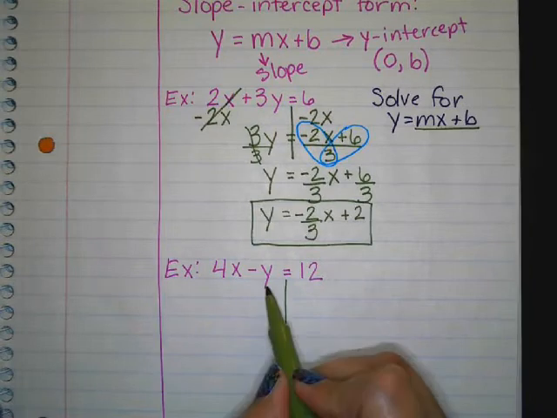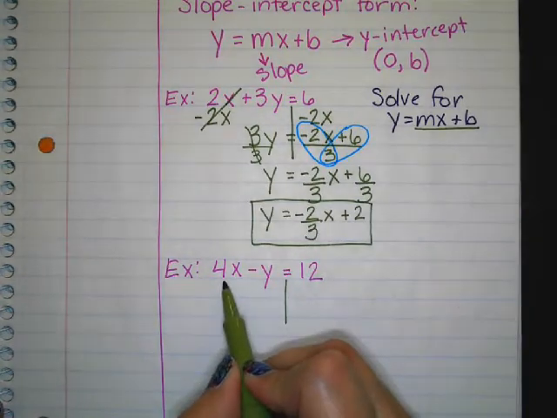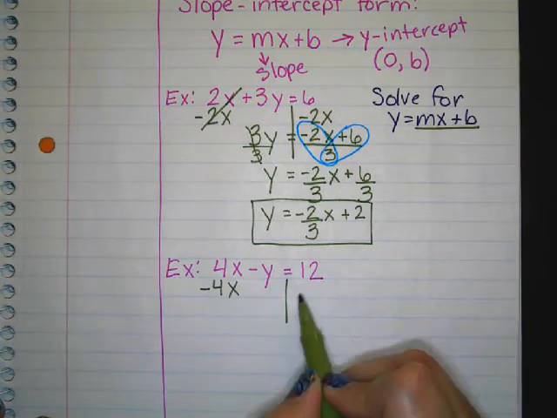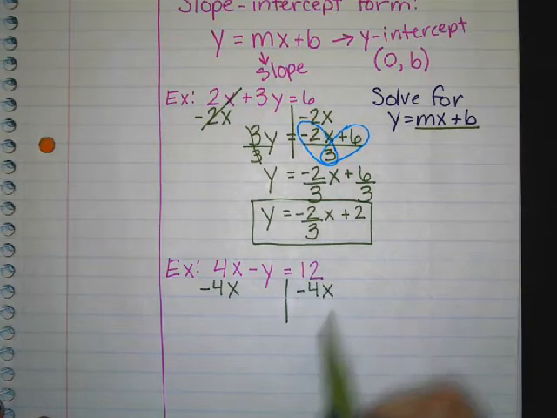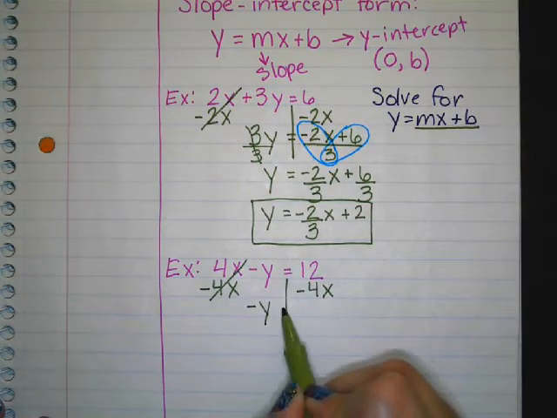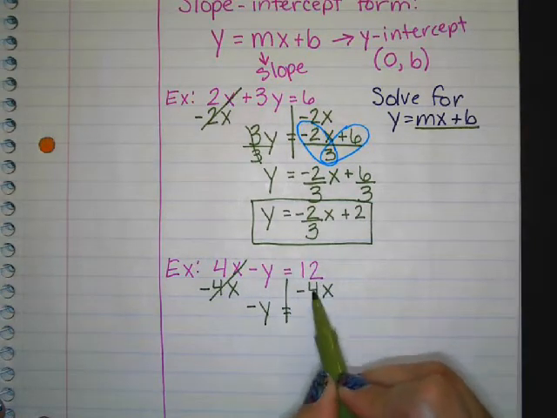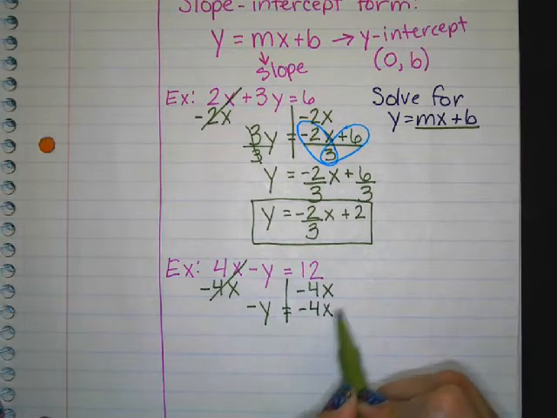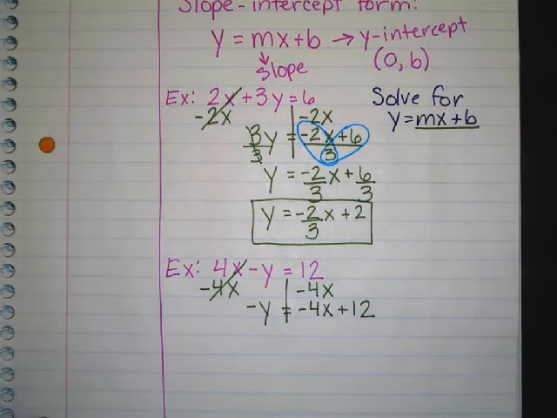I want to get y by itself, so I need to move the 4x over. I do that by doing the opposite, so minus 4x from both sides. I get negative y equals, and let's put these in one line because they are not like terms, so negative 4x plus 12.